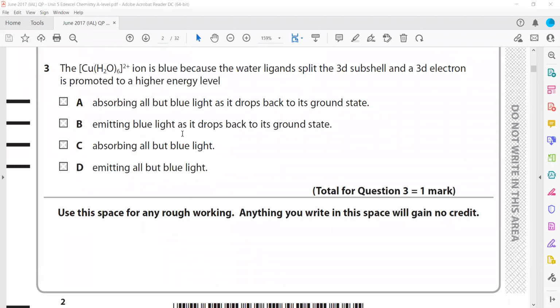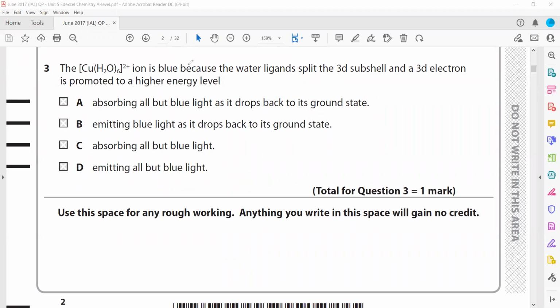So a complex of copper is given, Cu(H2O)6 ion is blue. The water ligand splits the 3d orbital and a 3d electron is promoted to a higher energy level. So it appeared to be blue. So when it appeared to be blue, what happened? It is basically absorbing all the light and only blue is able to pass through.